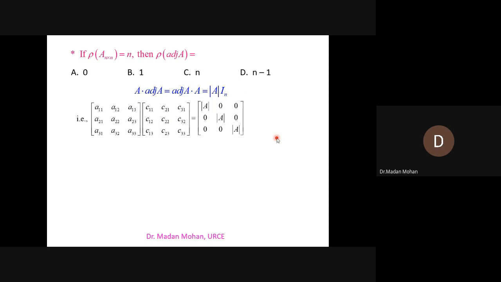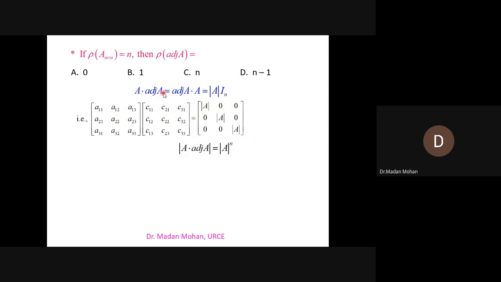Now, observe, applying determinant. Determinant of the product is determinant of this one. Determinant of this one is det A whole cube. Here det A power n when you are taking nth order. Did you follow this?